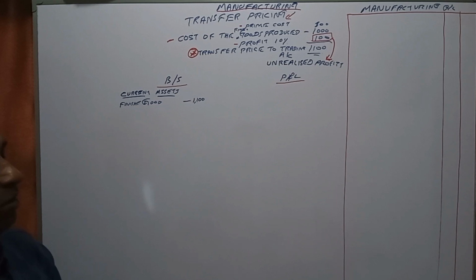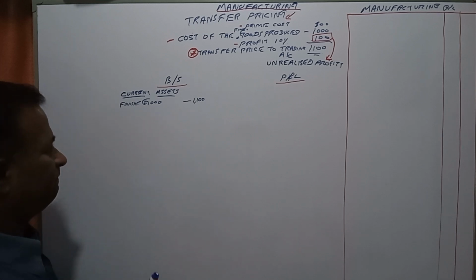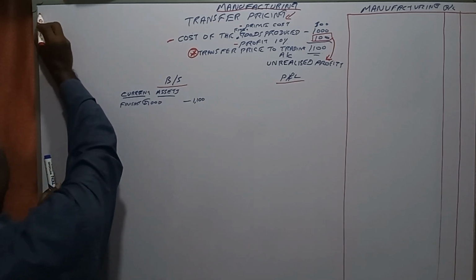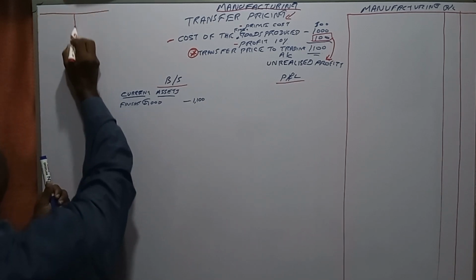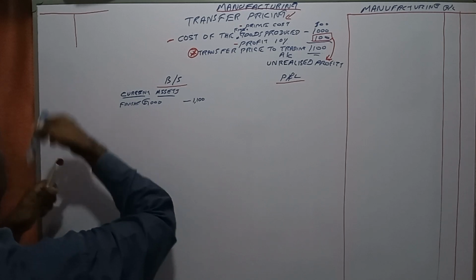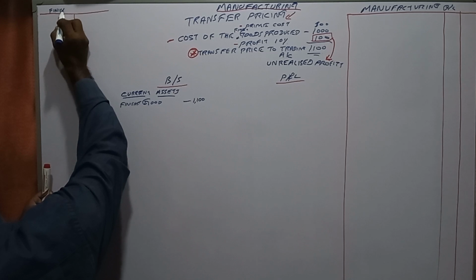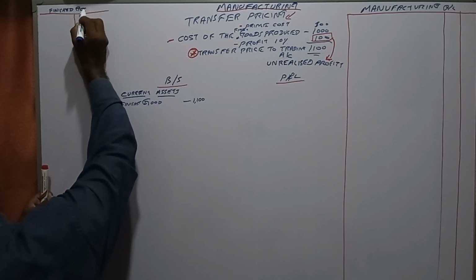So what is the double entry? You have the finished goods account.